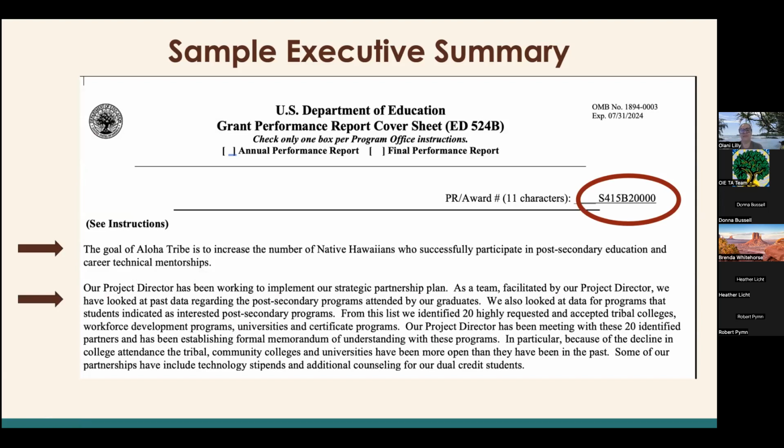And then the project director takes time to highlight achievement or progress towards the project goals, including some data. And then this fourth bullet, you can see that the project director took time to discuss challenges as well, and made sure to give a real detailed rationale for actions that they took in response to those challenges.